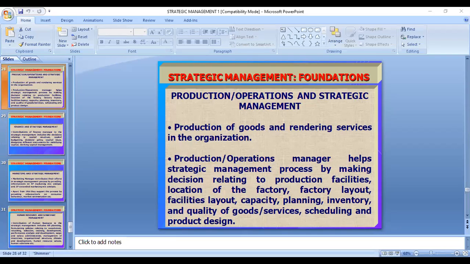These are various kinds of strategies we are designing, or we can say that we are doing strategic management in case of our production and operation departments. For example, suppose a military force is there. We have cleared this in the earlier lecture, that strategy is a word which comes from military origin.